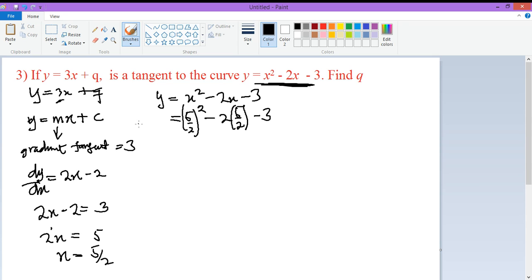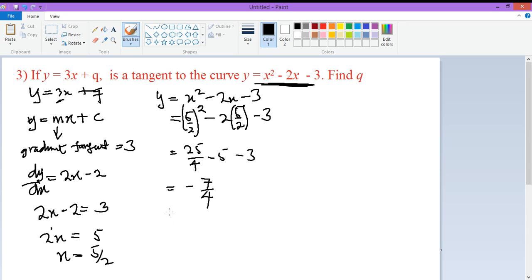This becomes 25 over 4, and this becomes minus 5, this becomes minus 3. Solving further, you can use your calculator, get negative 7 over 4.